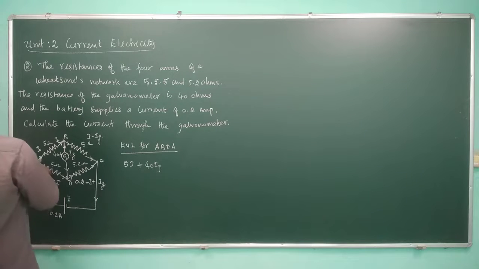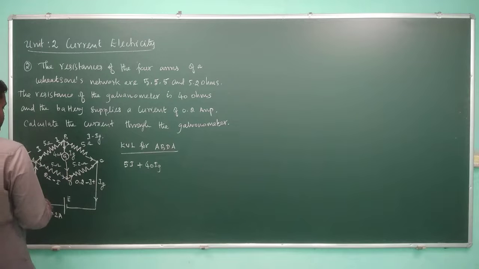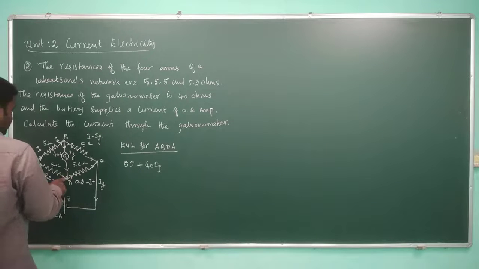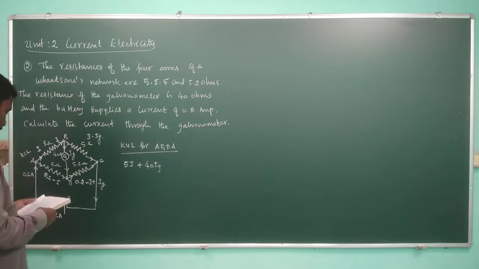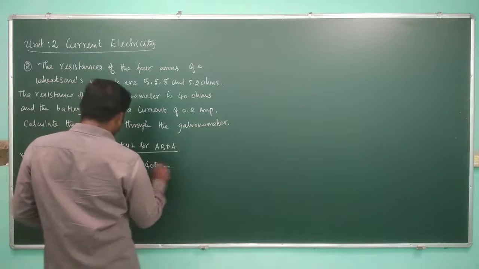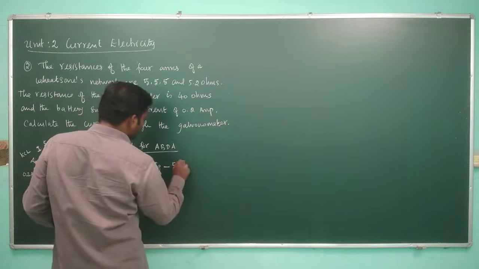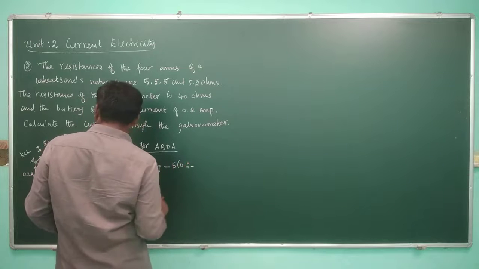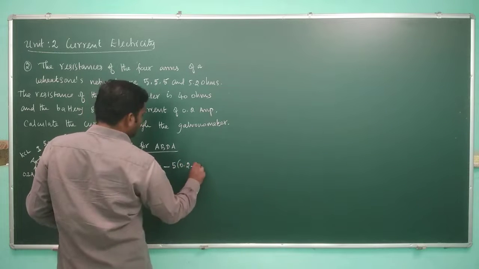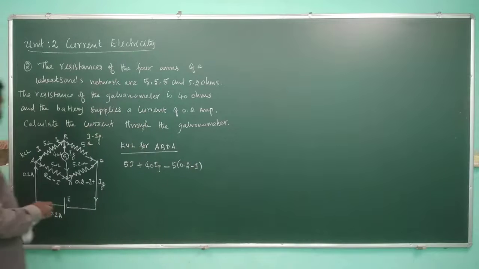Okay. AB, BD, then if you calculate in this direction, if you close this, then you have to put minus. So you can put minus 5 ohms, 0.2 minus I. Why is it minus?